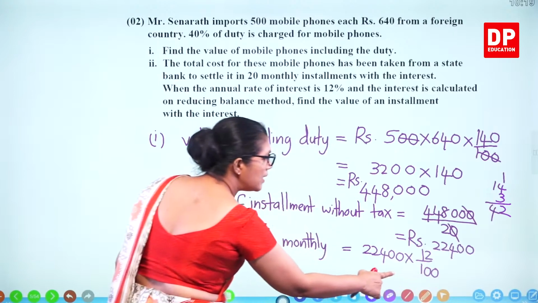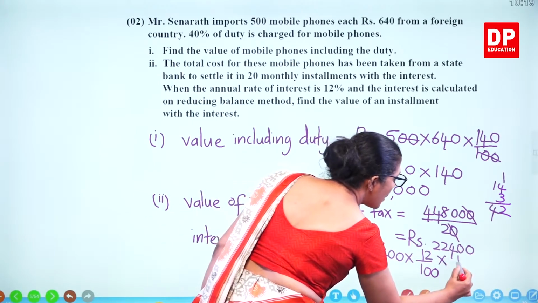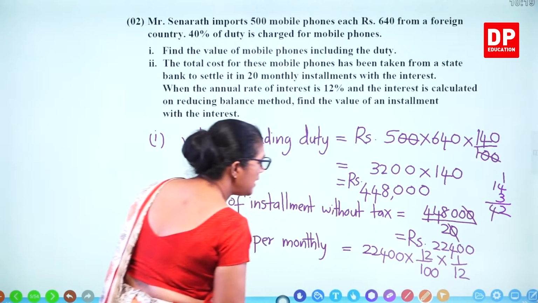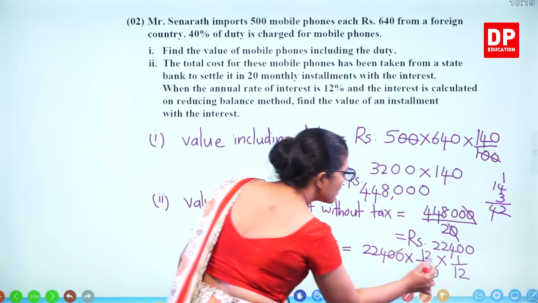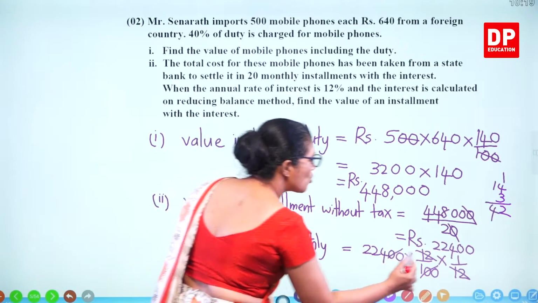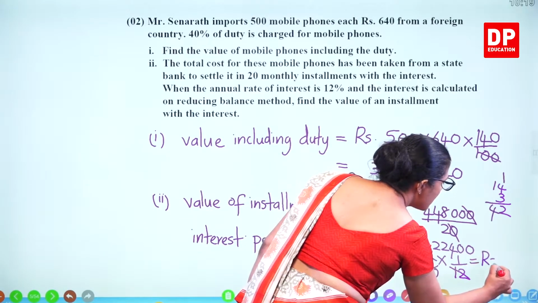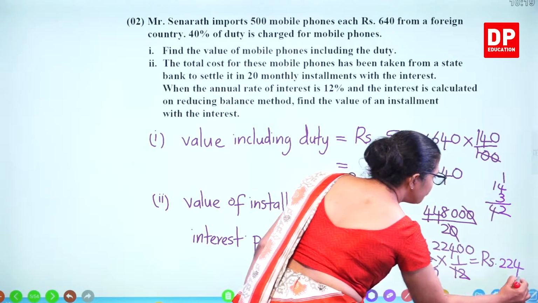And this is annual, so you have to divide by 12 to get the monthly interest. 2 zeros get cancelled out. This 12 gets cancelled out. 224.